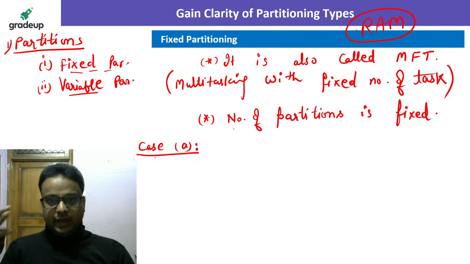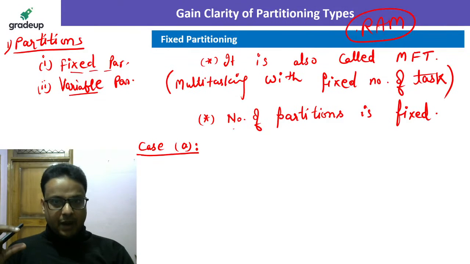Case A is where the size of the partition is fixed, and case B is when the size of the partition is not fixed.